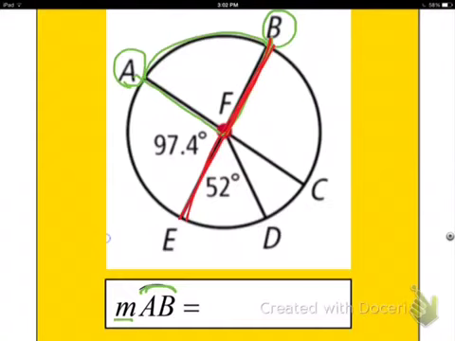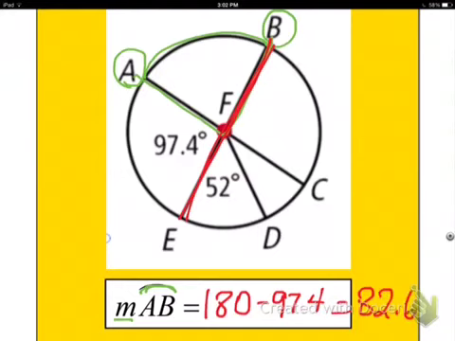To find AB, I know the semicircle has 180 degrees, and I'm going to subtract the 97.4, because I already know that part of my semicircle. So in my calculator, I would say 180 minus 97.4, and that would tell me arc AB is 82.6.